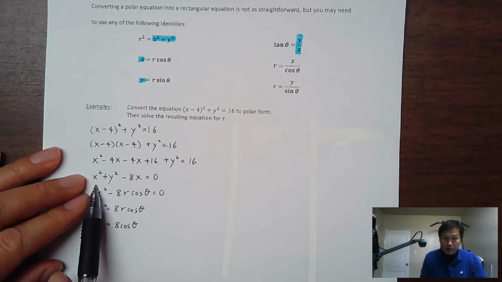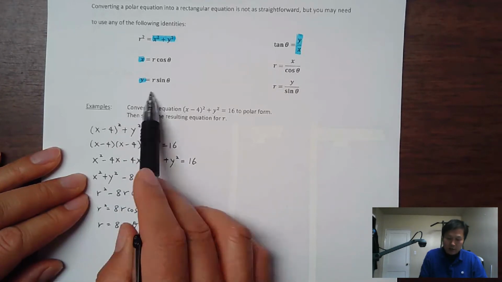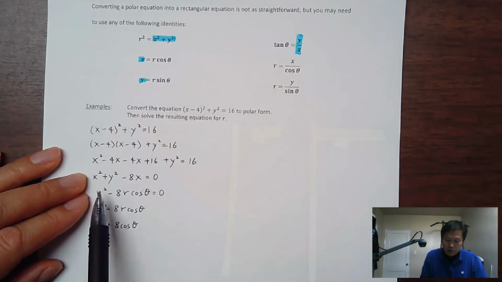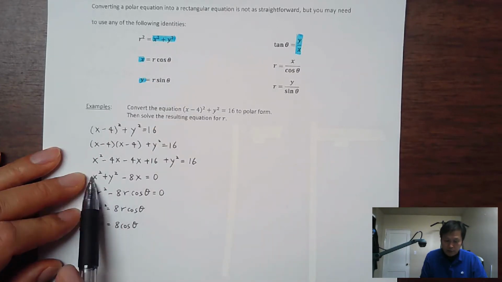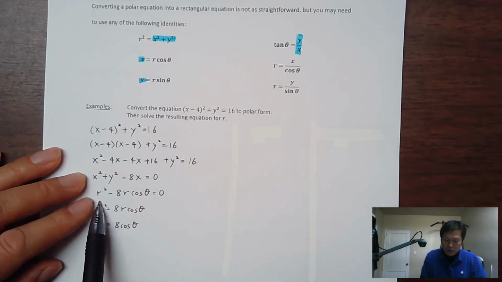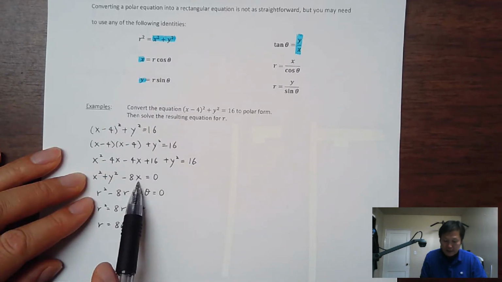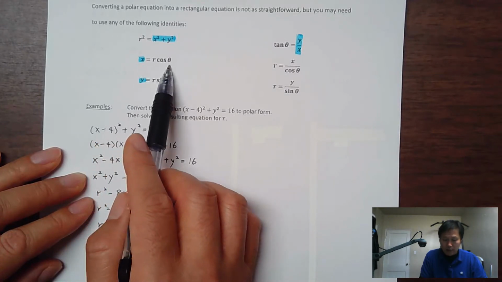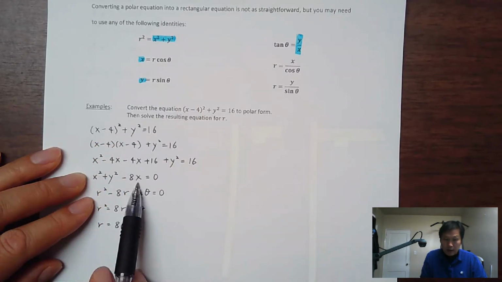Now check against the formula. Do you see x squared plus y squared? Yes, we do right here. Replace that with r squared, so we get r squared minus 8x. x is replaced with r cosine theta.